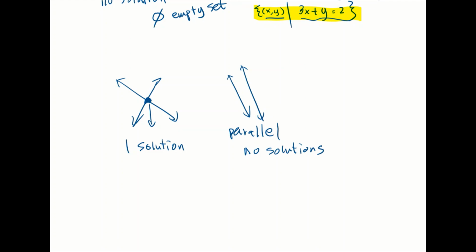And if you have two lines that are the same line, that means they're overlapping. Every point on the line is a solution, so you have infinitely many solutions.